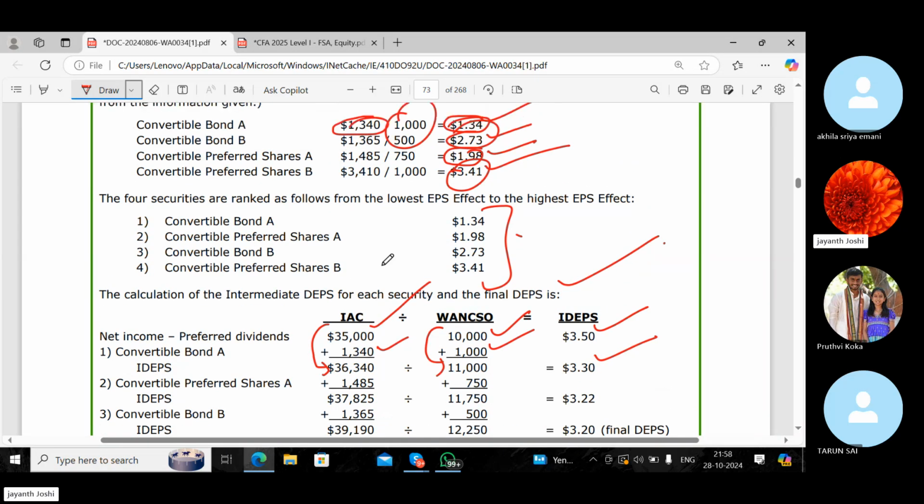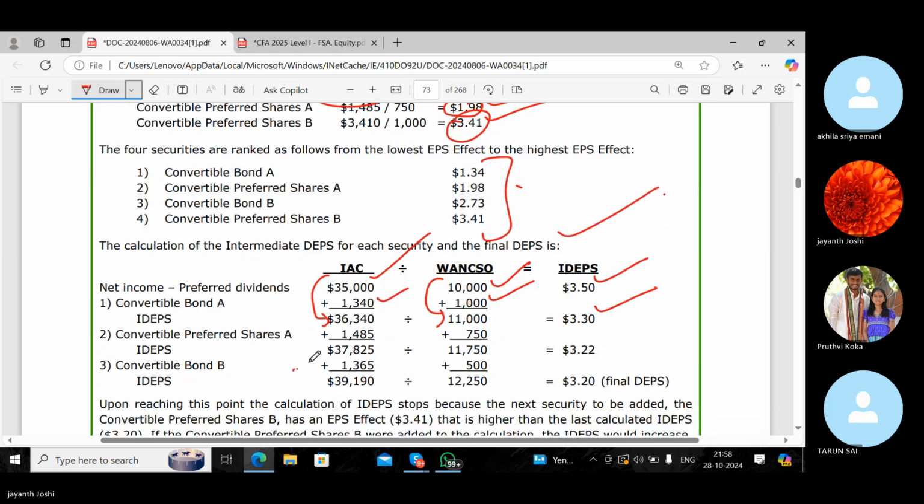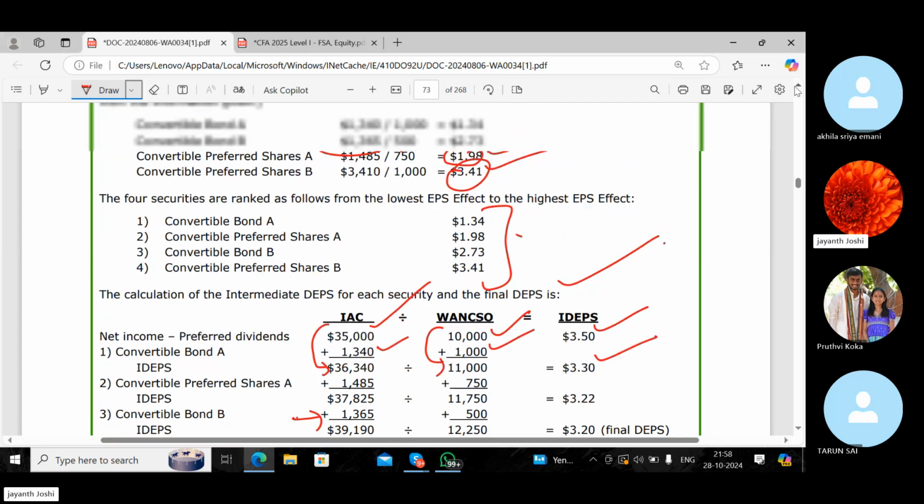So the numerator I will be taking up is 1,365 and denominator 500. But before that, as per the ranking, I have taken this and then 1,000.